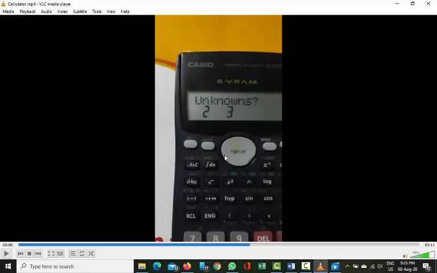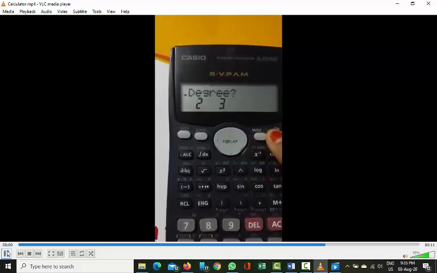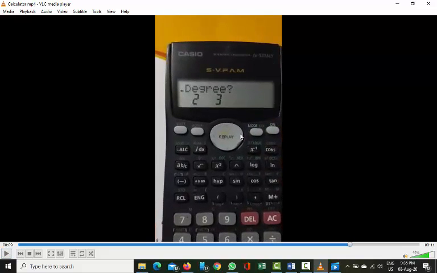Instead, this round button is called the scroll button. You need to press the right hand side of this button. If you press the right hand side of this button, you will get another question: degree, question mark.